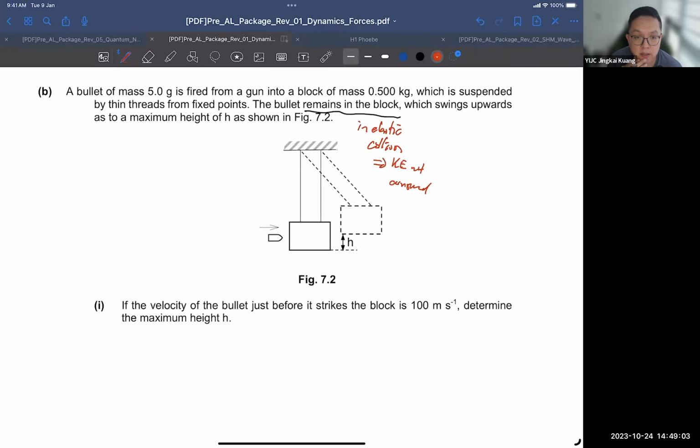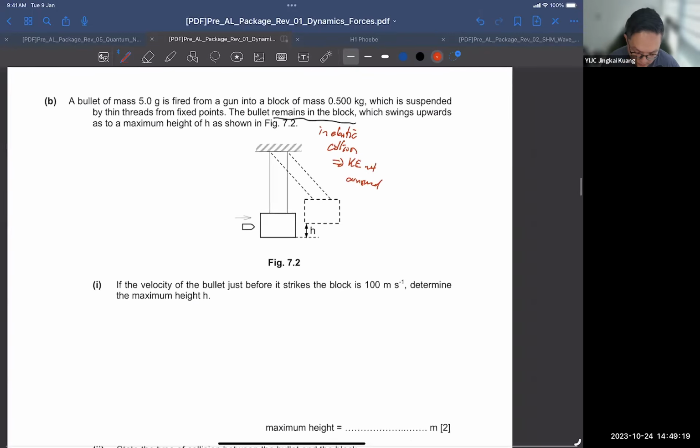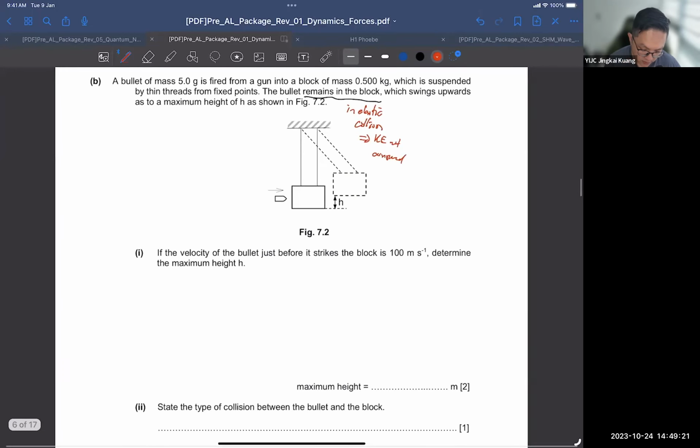Okay, determine the maximum height h. For this, you need to go from total momentum first. Find the initial velocity of the block after the bullet is stuck into it. So for this one, momentum. Let's use capital M and small m. This is 5.0 g, I should write in terms of kg.